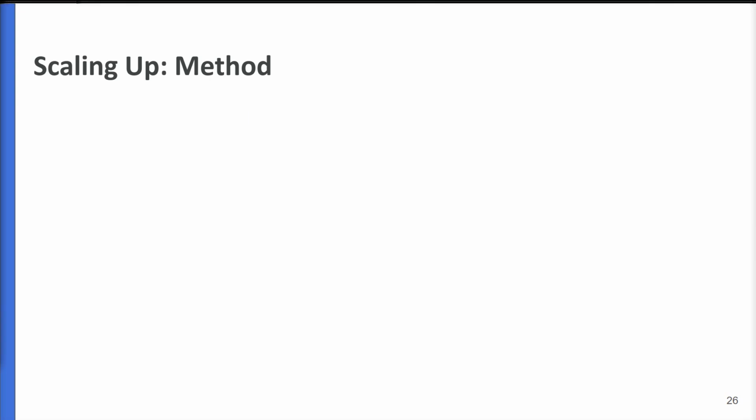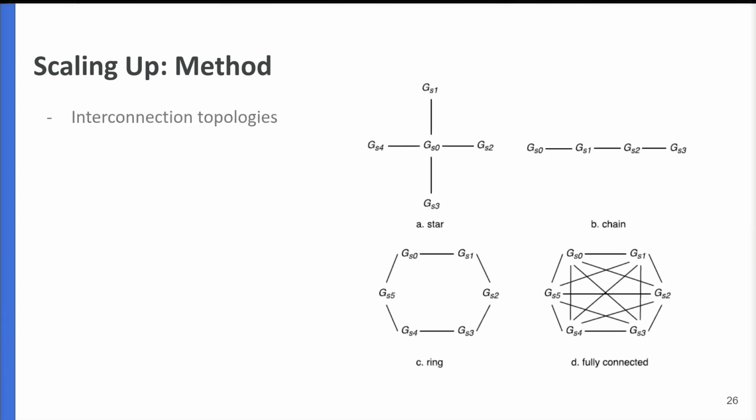This method brings different parameters that we can further provide as an input to the user. The user can select between different topologies to interconnect these different graph samples together. Currently in our tool, we provide the option to select between a star, chain, ring, and fully connected topology. Additionally, the user can also specify how the vertices between two samples are selected.